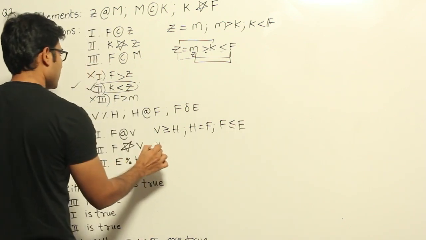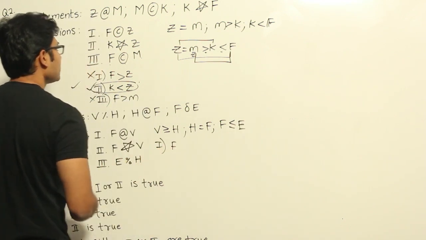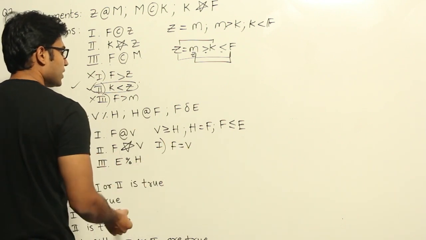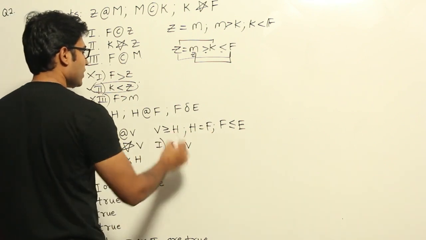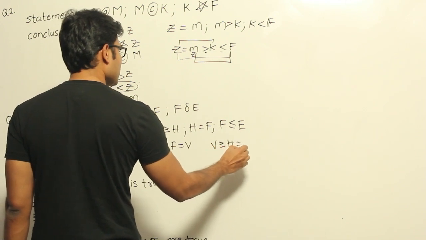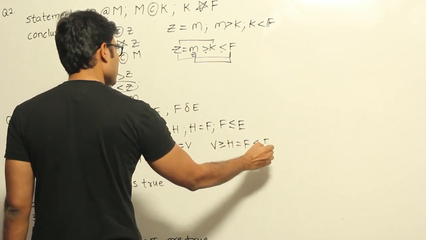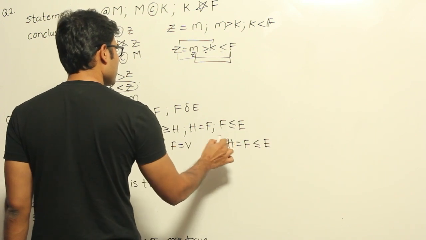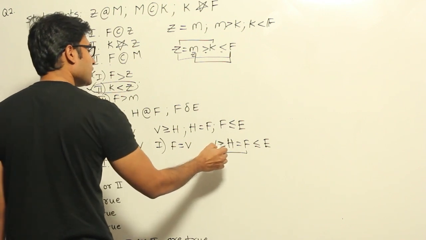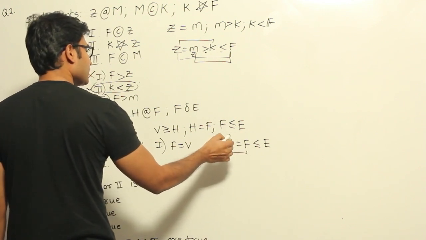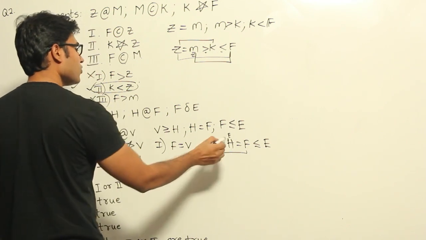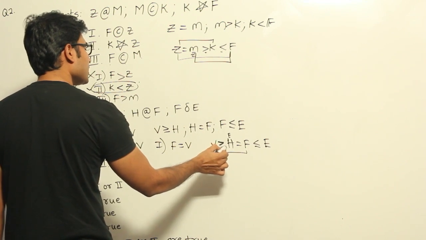Right, and now the conclusions are. The first one is F @ V. So between F and V, equal is given. Now what is the relationship between F and V? If you combine these three, it is going to be V is greater than or equal to H is equal to F is less than or equal to E. Between F and V, V is greater than or equal to F. Therefore V can either be greater or it can be equal.